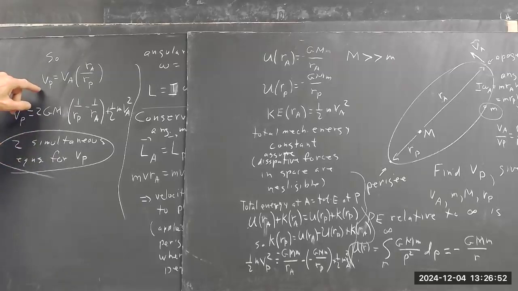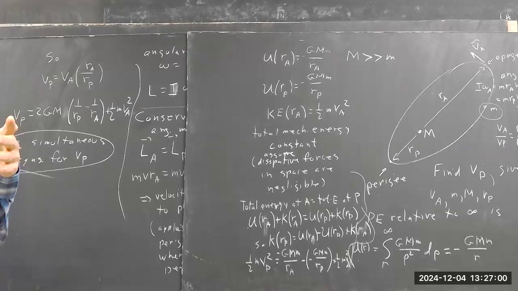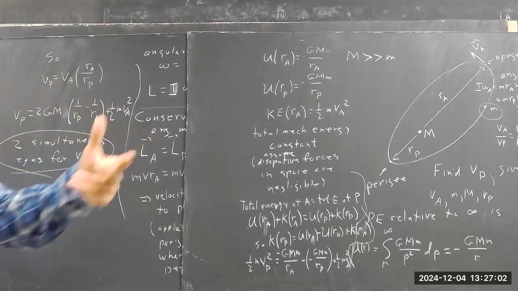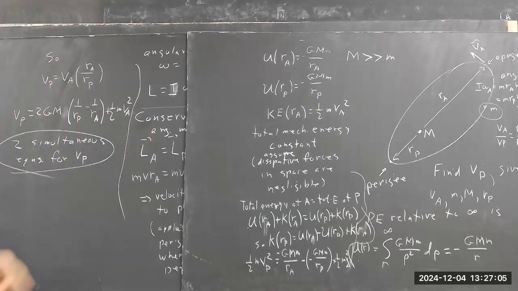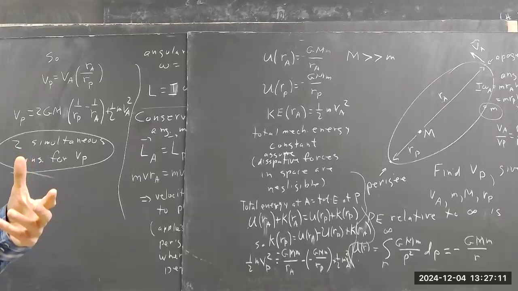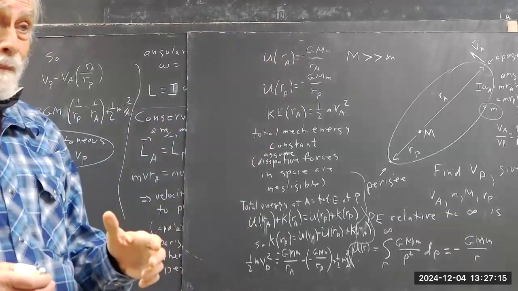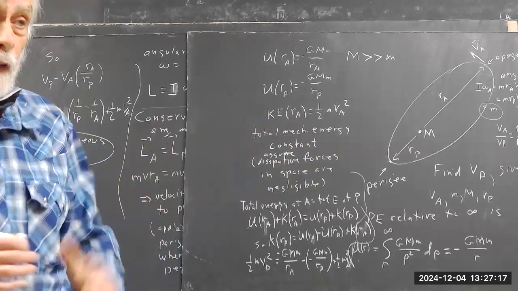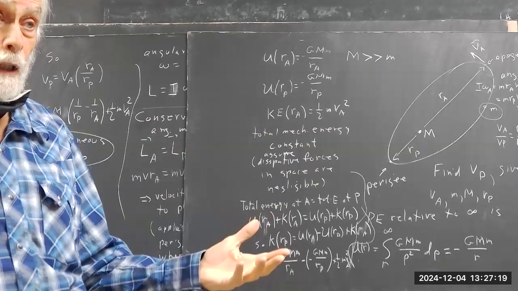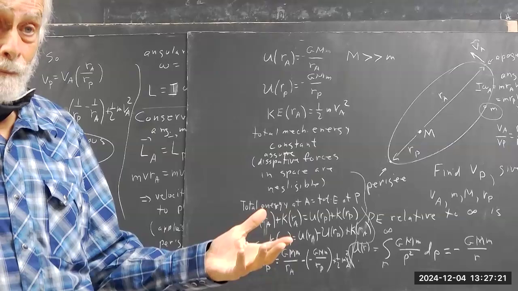Both have to be satisfied for VP. That means we can solve these equations for any two variables so they're common. Okay? Does that make sense? We got one equation just from this simple intuition that the closer you are, the faster you have to be going in order to have the same angular momentum. Okay?